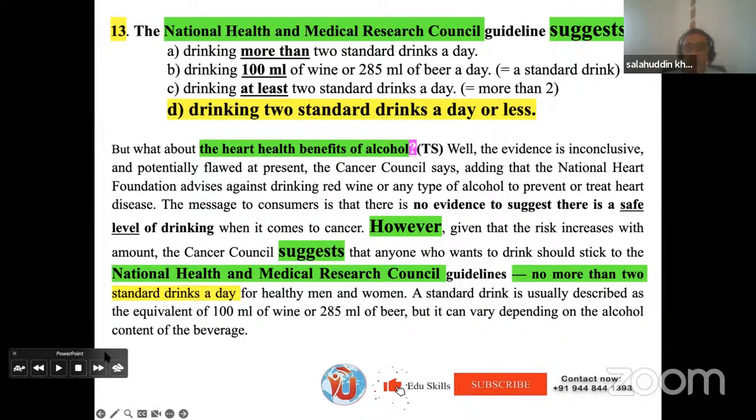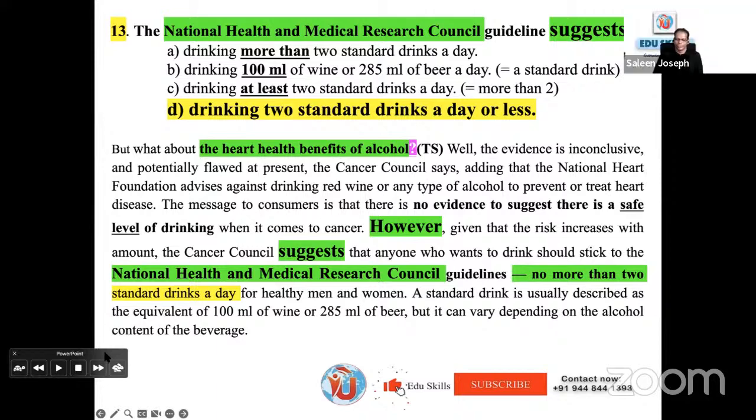A standard drink is usually described as the equivalent of 100 ml of wine or 285 ml of beer, but it can vary depending on the alcohol content of the beverage.